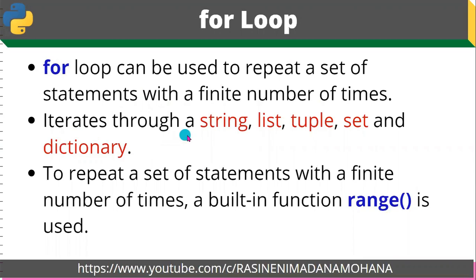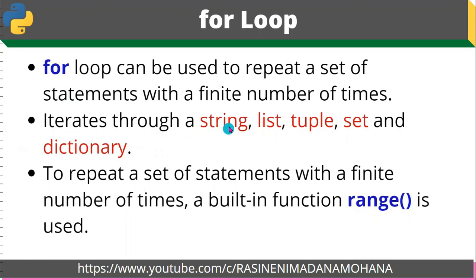It iterates through a string, or list elements, or tuple elements, or set elements, or a dictionary. Actually, list, tuple, set, and dictionary are all collections of Python, also called Python special data types, which will be discussed separately in upcoming lectures.